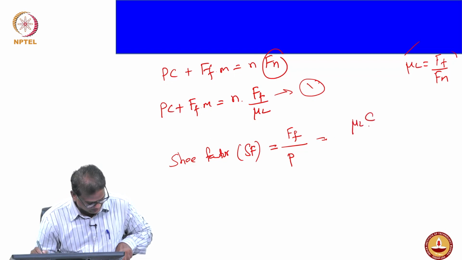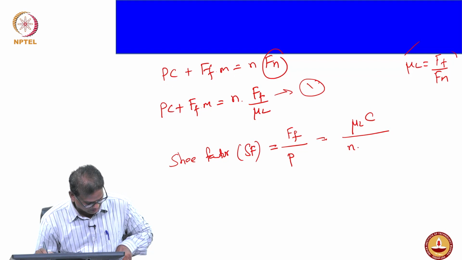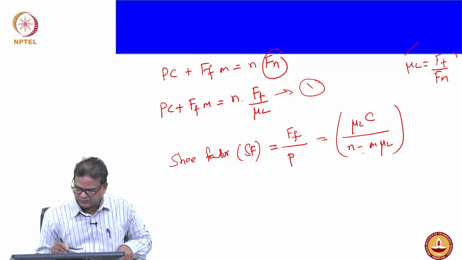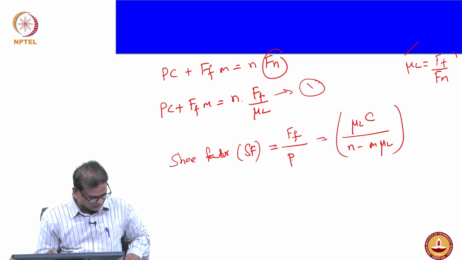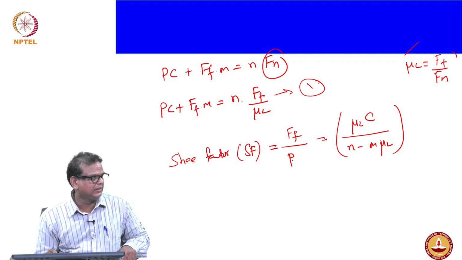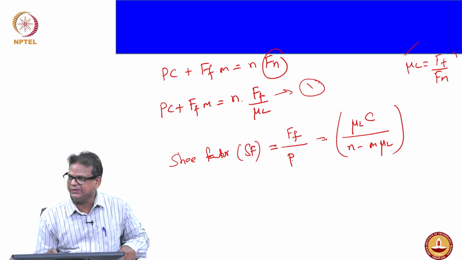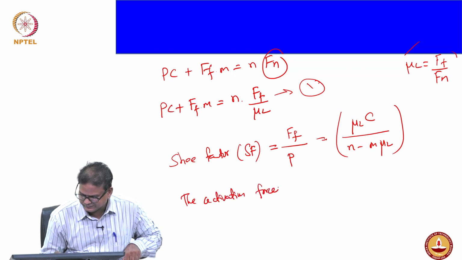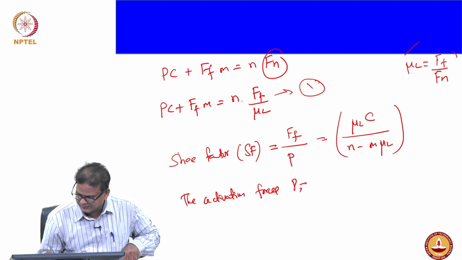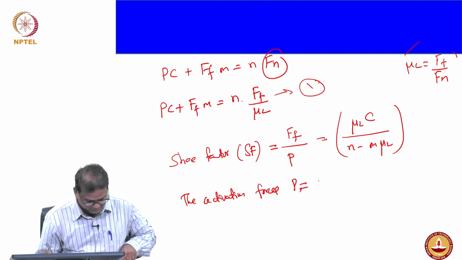Mu L by C n minus m into mu L. I am simplifying that. Of course, one more term I forgot to mention: the activation force is nothing but your F n.